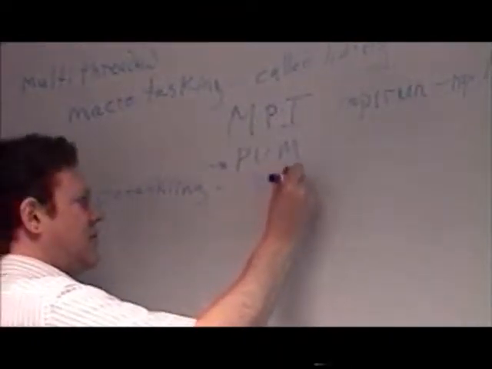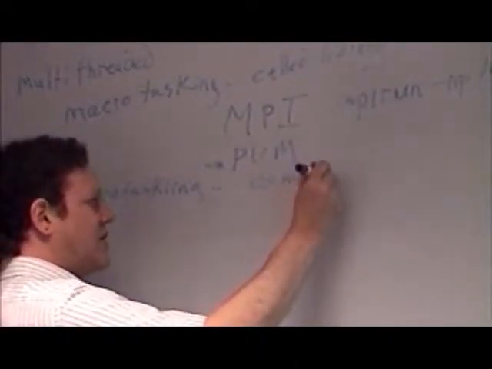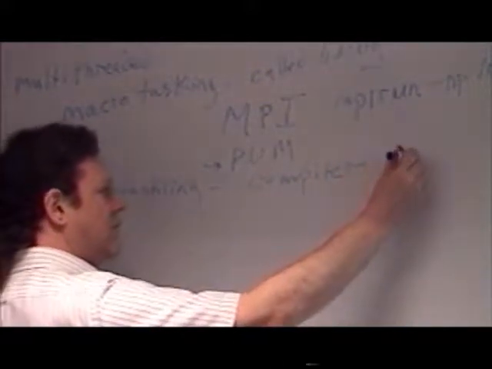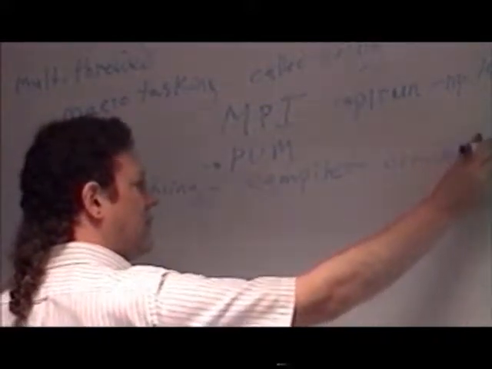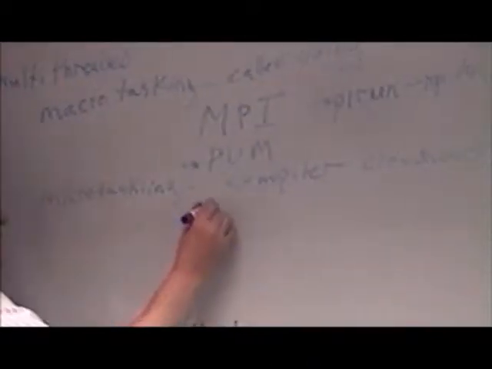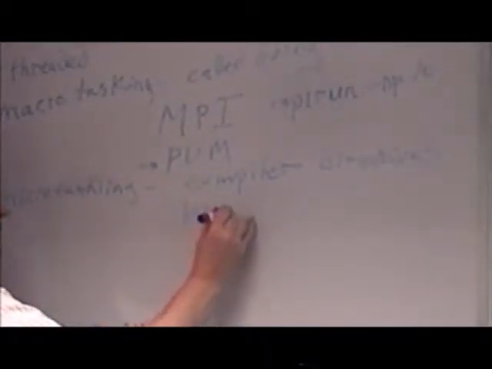Then came along what was called microtasking. Microtasking is compiler directives. We let the compiler do the work for us. And microtasking now has a standard for its name called OpenMP.